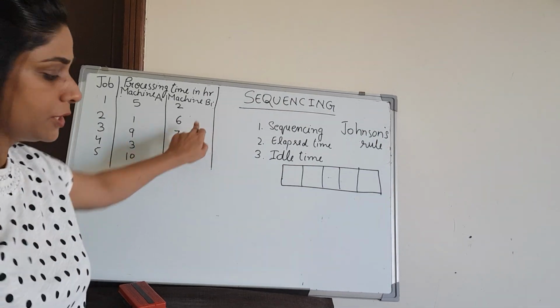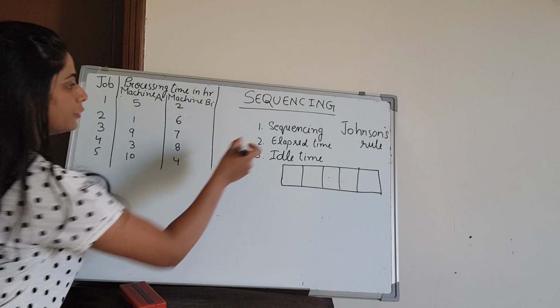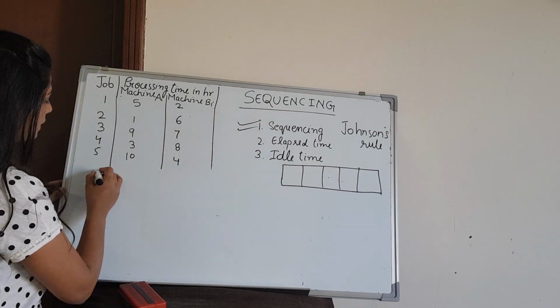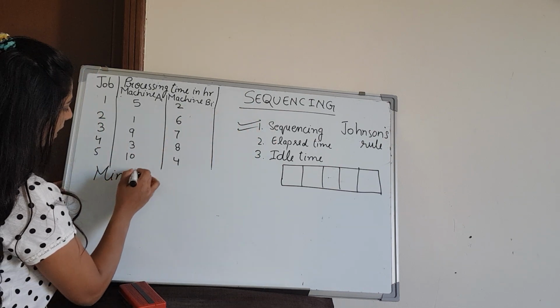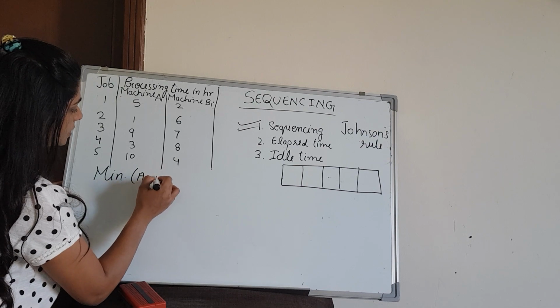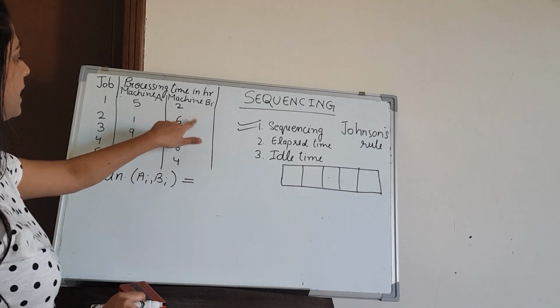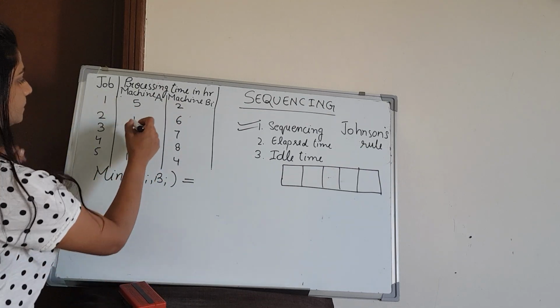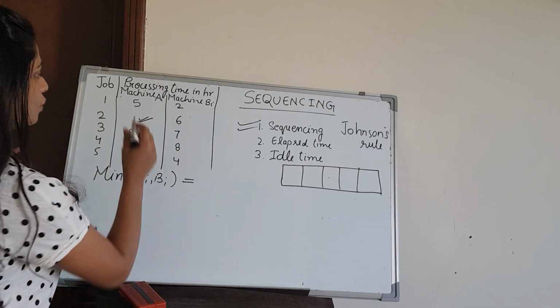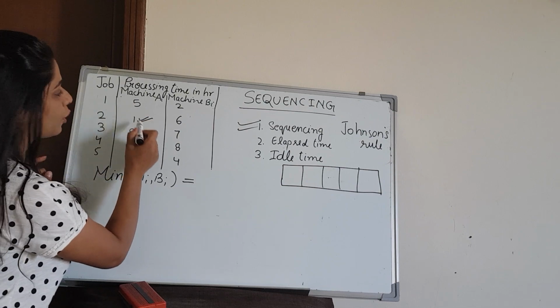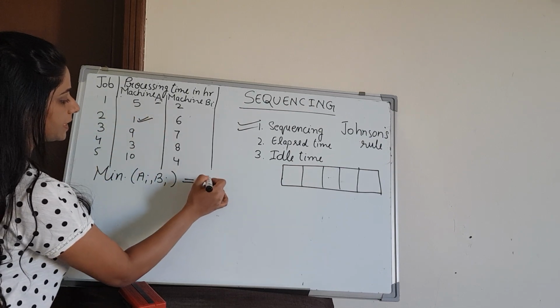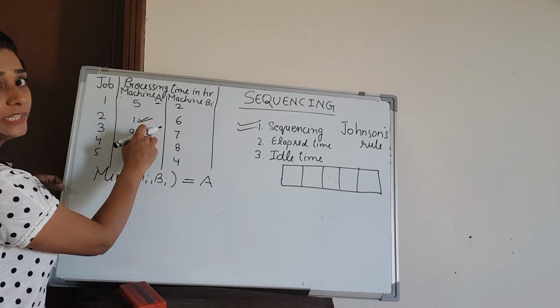So let's start. For the sequencing method, we will calculate the minimum time of machines A and B. The minimum time of machines A and B is 1. We are getting this minimum time from machine A, so we will write A here, and now we will check the job.